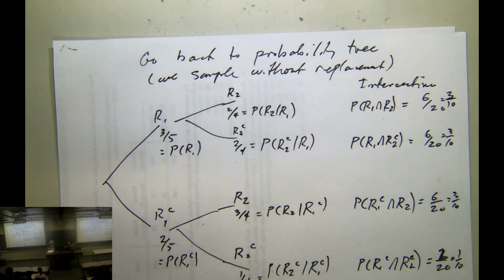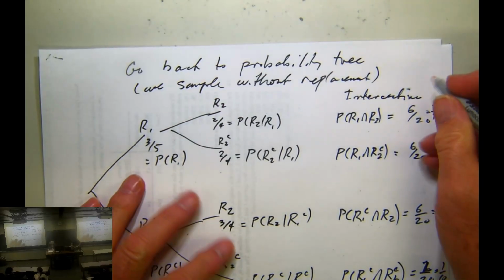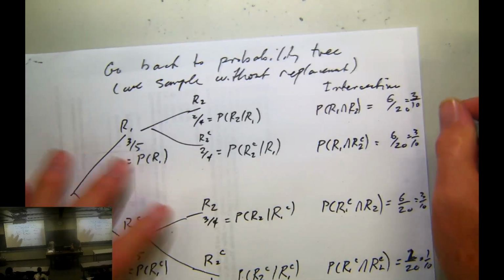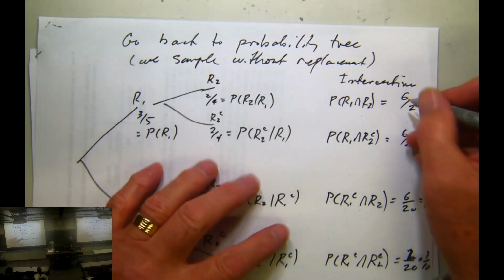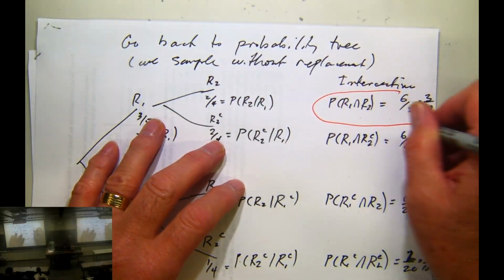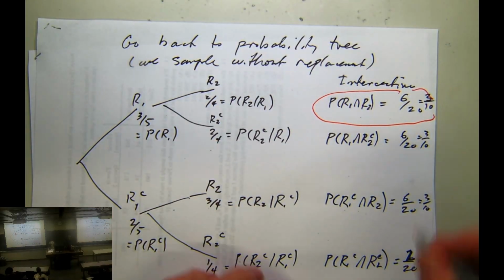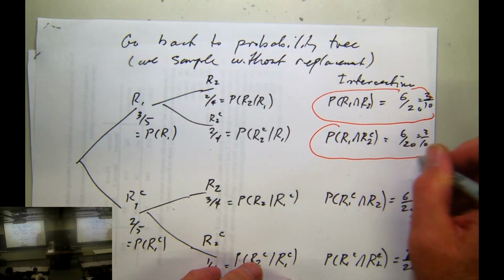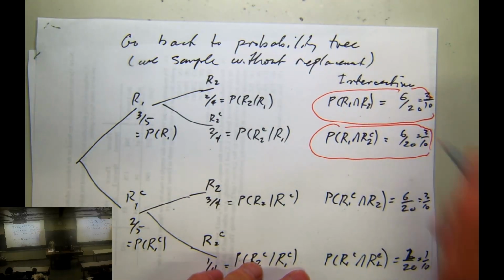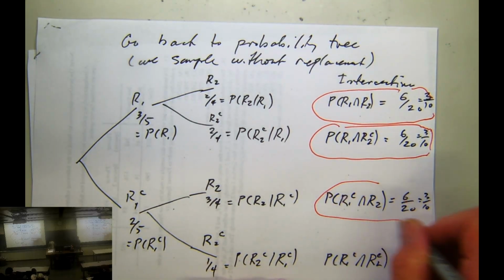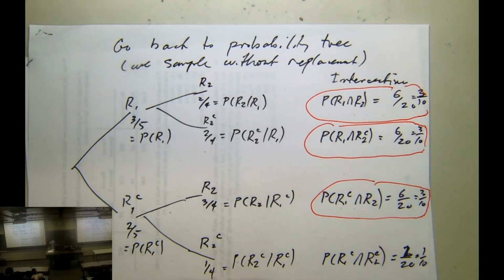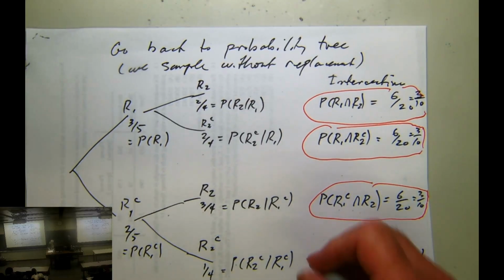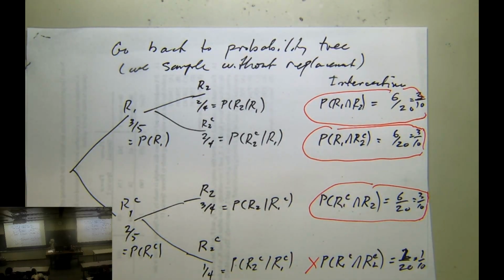Well, let's use this one because this is a red pen. At least one is red occurred here, and here, and here. Didn't occur here. Okay, didn't occur there.